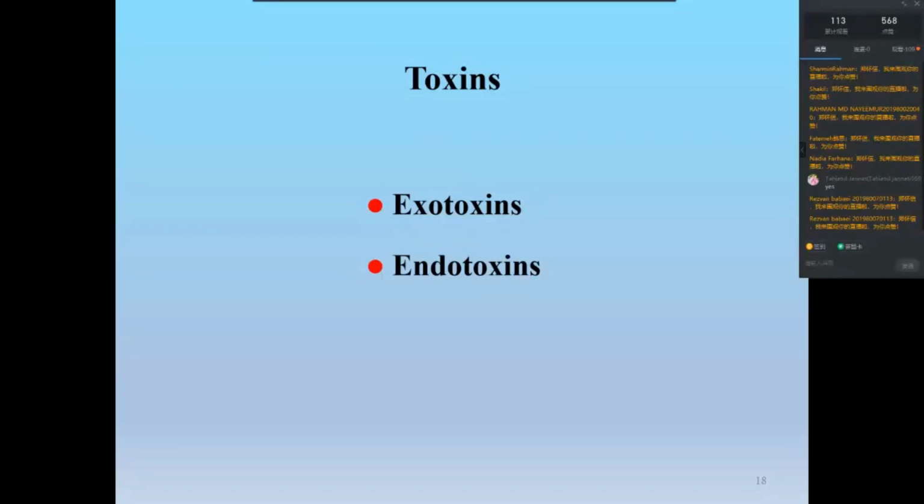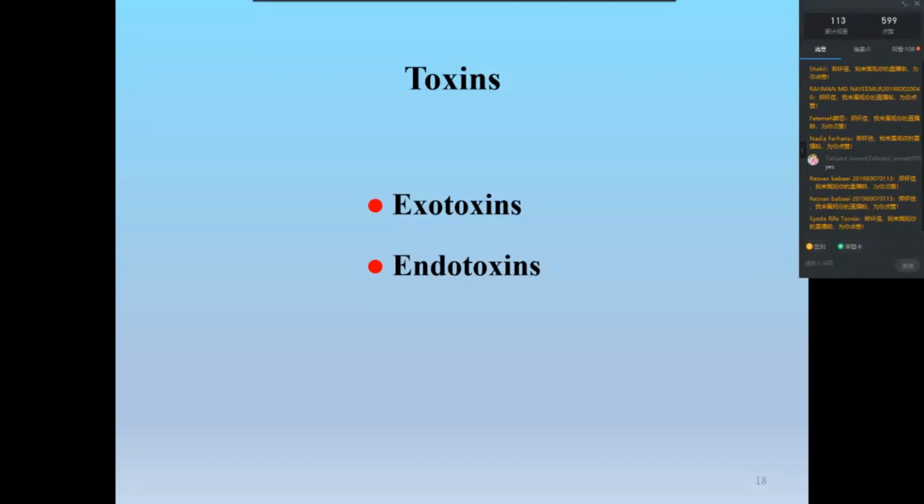One is called exotoxins, the other one is endotoxins. For endotoxins, we actually learned a little bit when we learned the bacterial cell structure and components. And we know that endotoxins are actually the lipopolysaccharide, short for LPS.